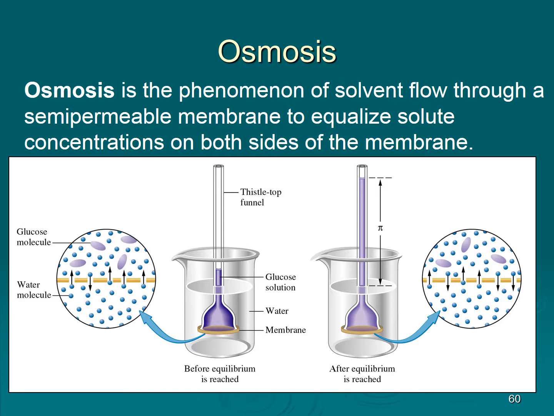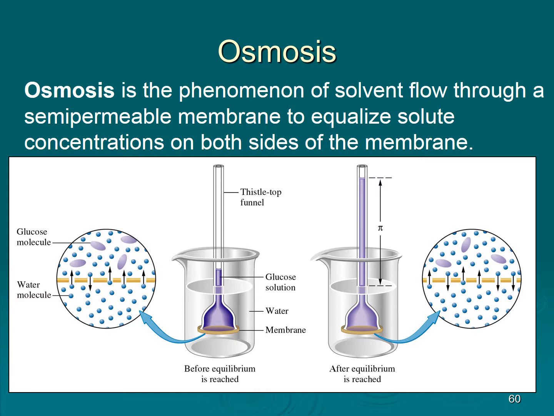Because the glucose can't pass through, the only thing that can happen is that water will flow into the more concentrated solution. Some water can go back and forth, but more water will go into that little bell-shaped area than come out, so it's attempting to dilute the solution.